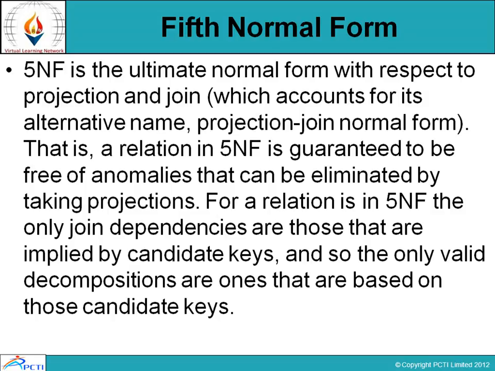A relation in fifth normal form is guaranteed to be free of the anomalies that can be eliminated by taking projections. For relations in fifth normal form, the only join dependencies are those implied by the candidate key. So the only valid decompositions are the ones based on the candidate key. Now the tables are in the simplest form, so you can easily do insertion, deletion, and updation.